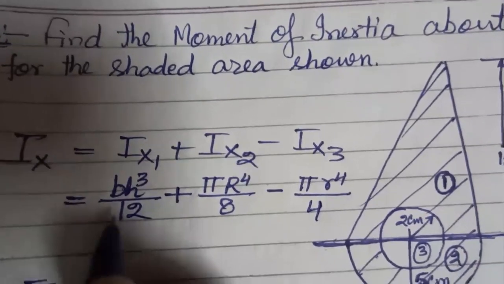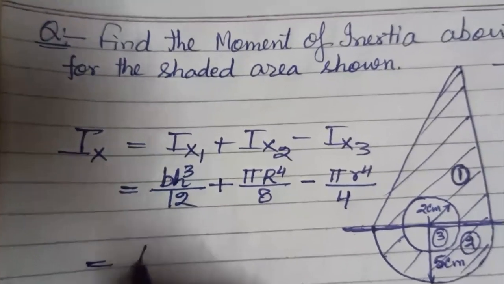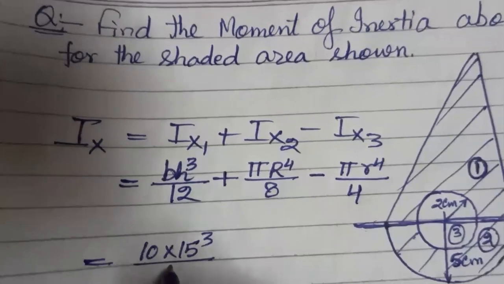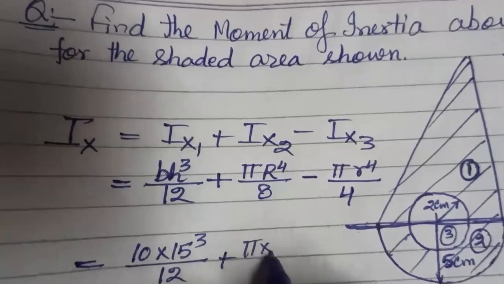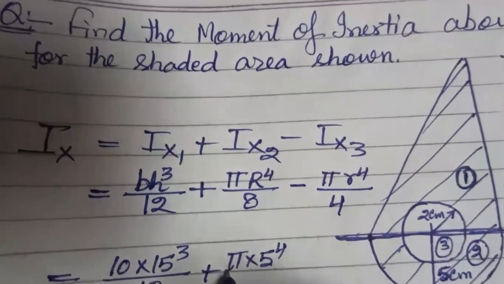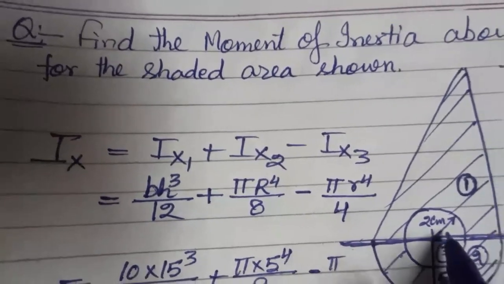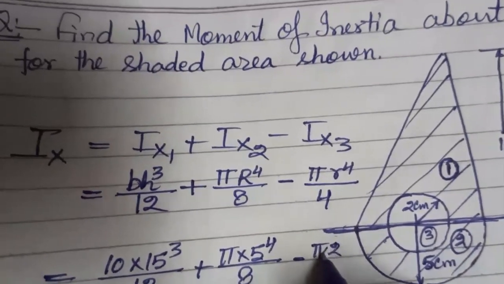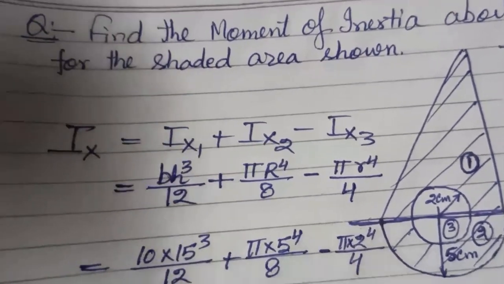So now, for the triangle, the base is 10 into 15 cubed divided by 12, plus pi into r for the semicircle, which is 5, r to the power 4 upon 8, minus pi, r for the circle is 2, so into 2 to the power 4 upon 4.